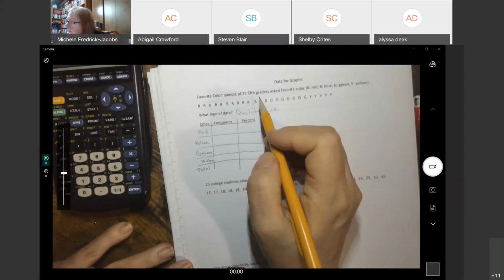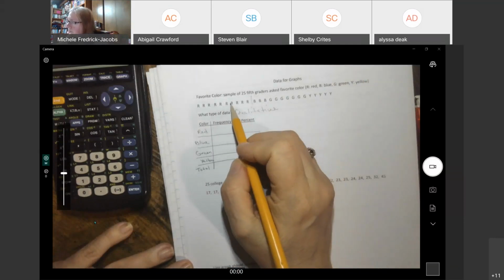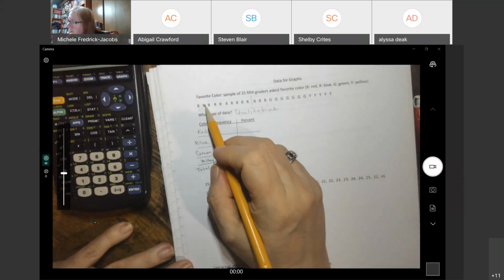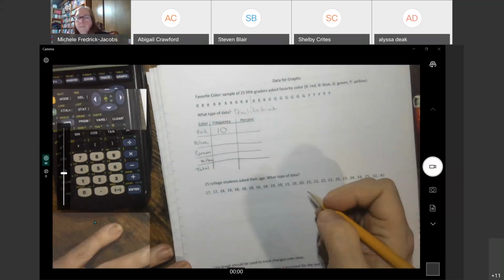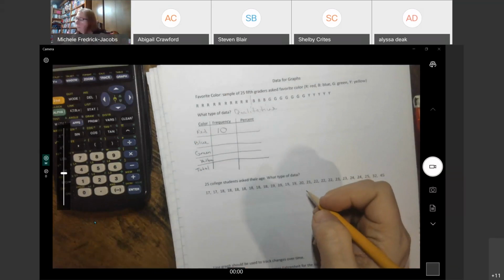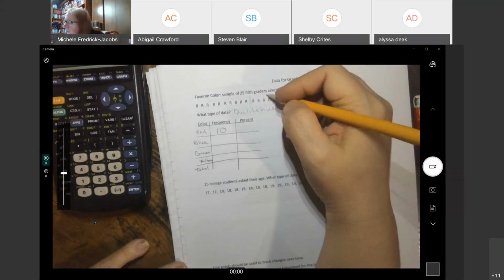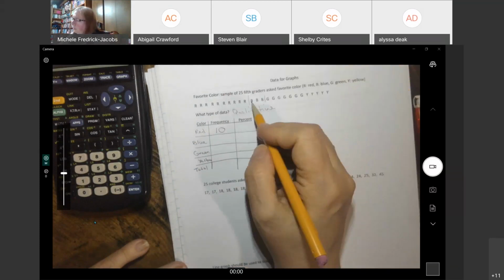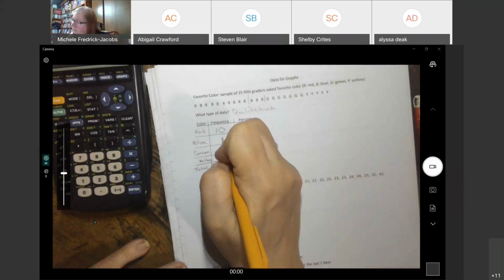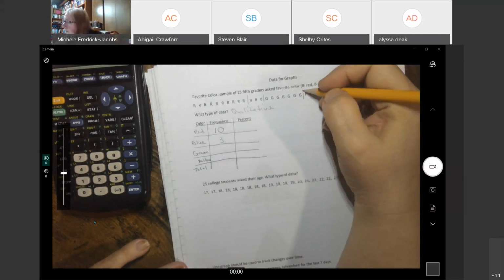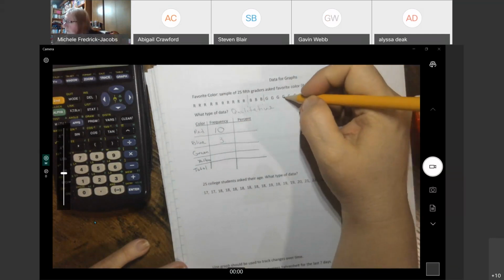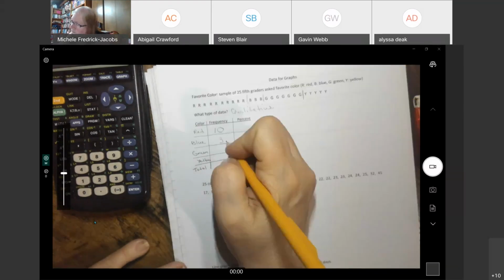Here. Blue, there's 1, 2, 3. Green, 1, 2, 3, 4, 5, 6, 7.